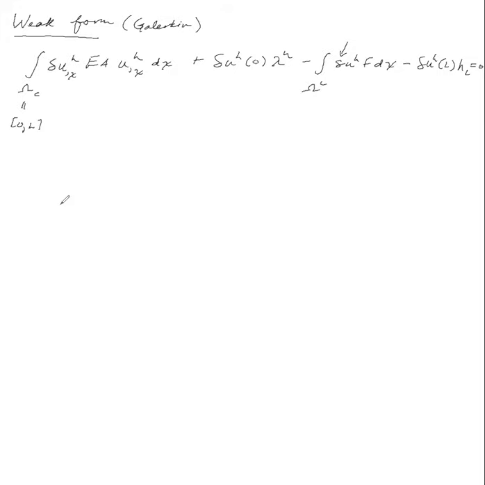That's our first equation. Then our second equation is that delta lambda h applied to the constraint, u h evaluated at 0 minus u naught, has to be equal to 0 for all delta lambda h in the real numbers.